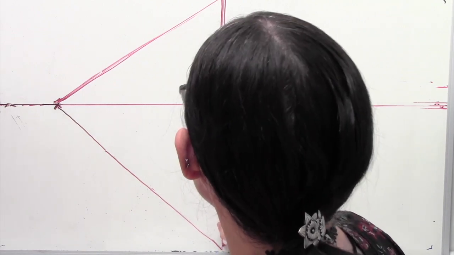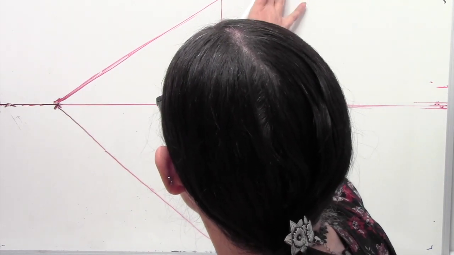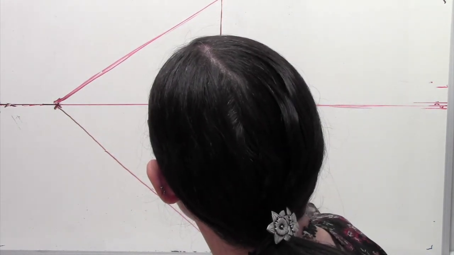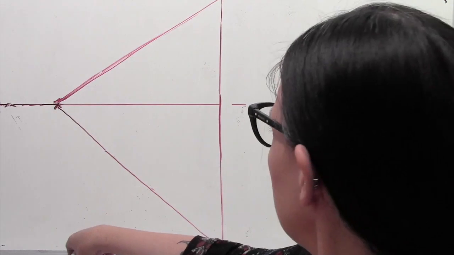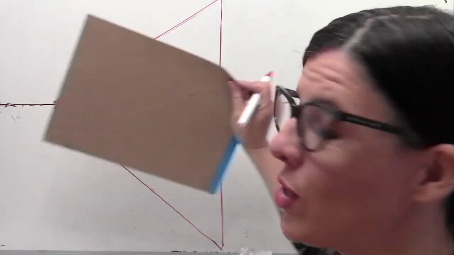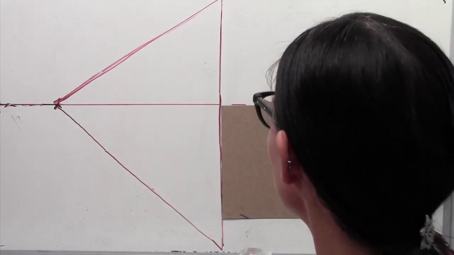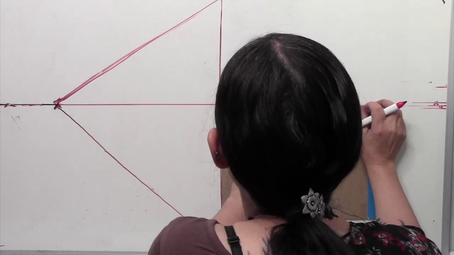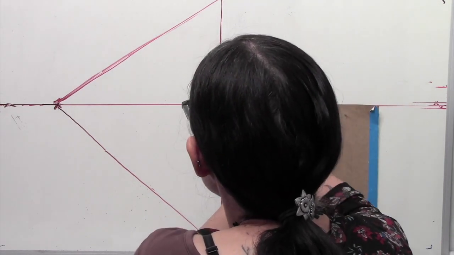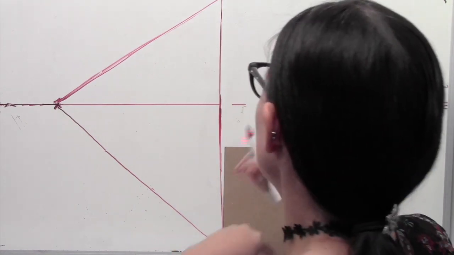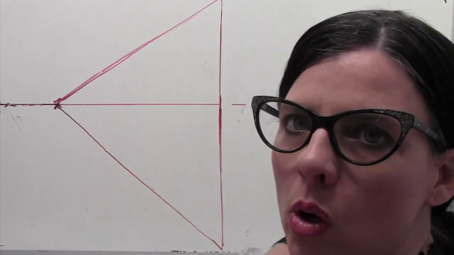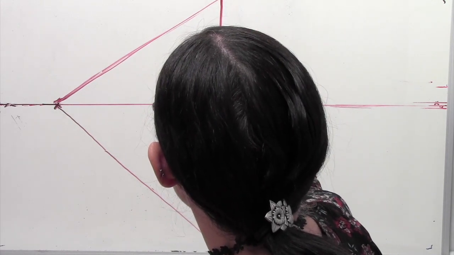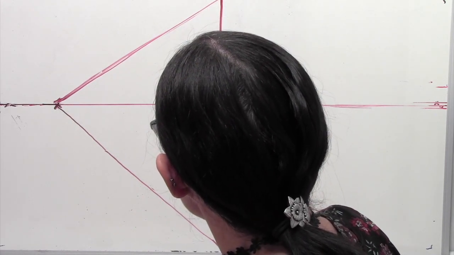So let's try that again. And again, my very high-tech T-square situation here can let me know if I'm actually straight. There we go. Okay. So let's make this first line nice and dominant.